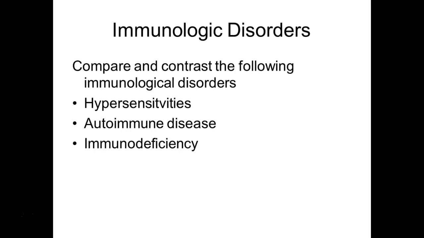No. So what do we need for our immune systems to function properly? What do we need for our body to function properly? Nutrition. What do they tell you to do if you want to be healthy? Drink water, eat food, exercise.